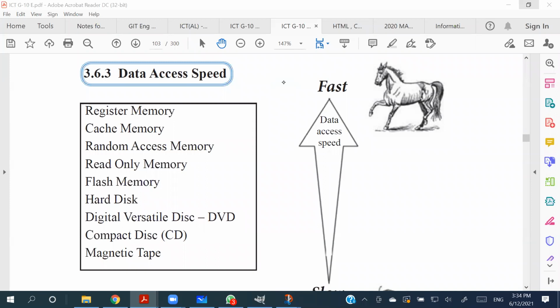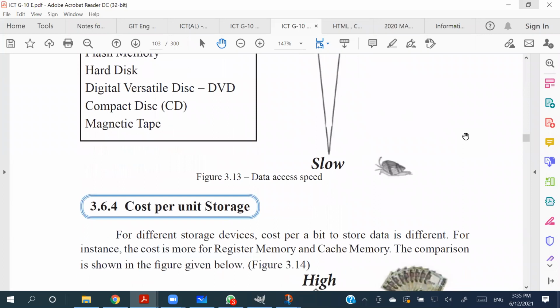Is there anyone still writing? Right, so I'm moving forward.